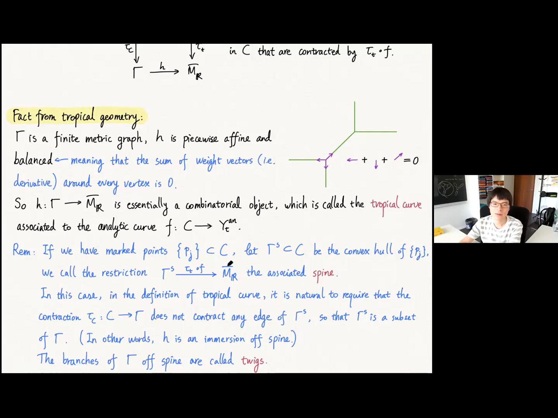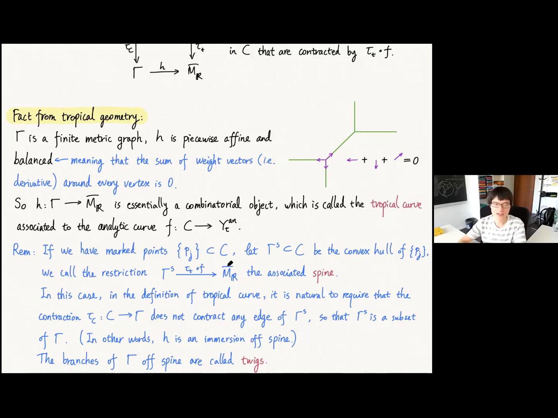But when we have marked points, then the convex hull of the marked points is by definition the domain of the spine, and we just don't want to contract anything in the spine.